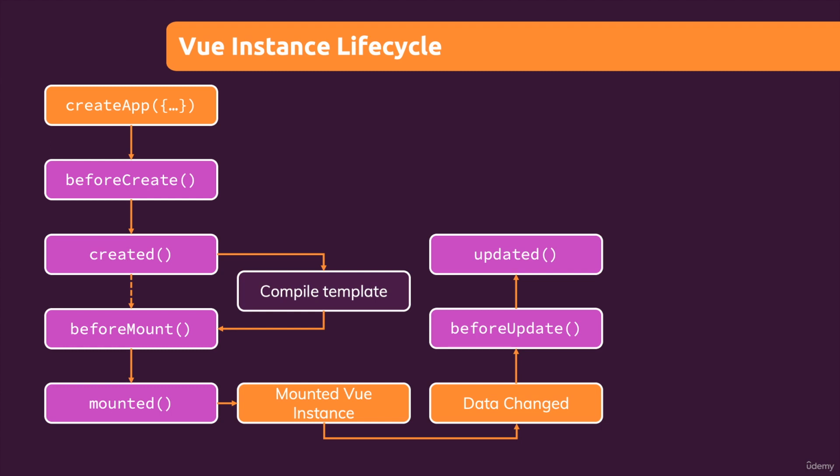This, by the way, also means that at this point of time, the update is visible on the screen. So we don't reach mounted again because the template was never unmounted. So it always was visible. After updated, the changes just have been processed and have been rendered to the screen, whereas in beforeUpdate, they haven't.